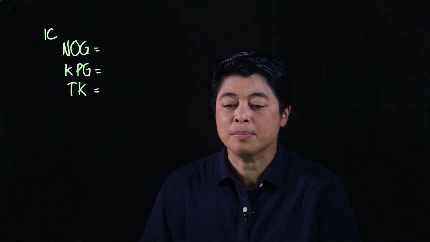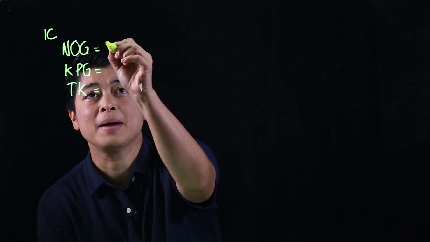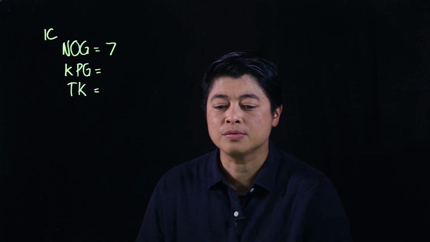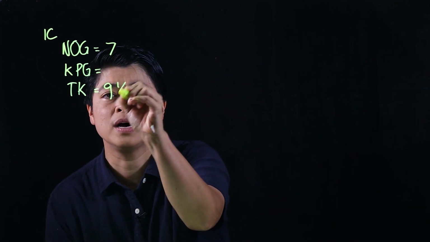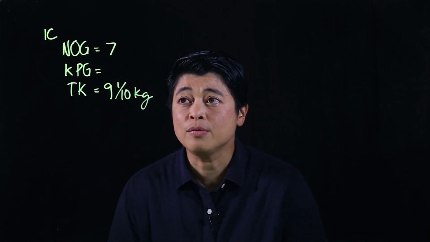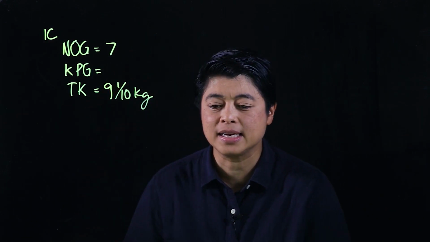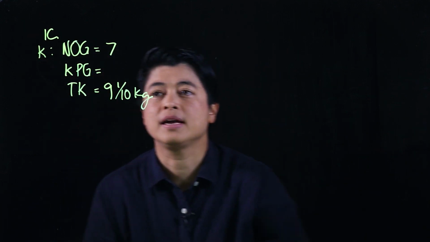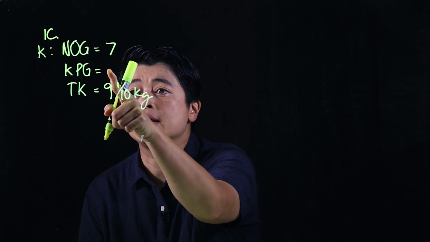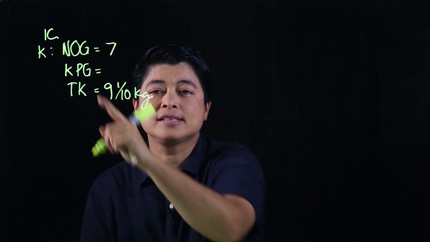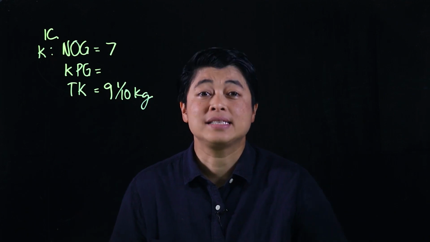So the number of groups will be the 7 bags, and the total kilos will be the 9 1/10 kilograms. Then K, meaning Kasim, whatever the number per bag is.